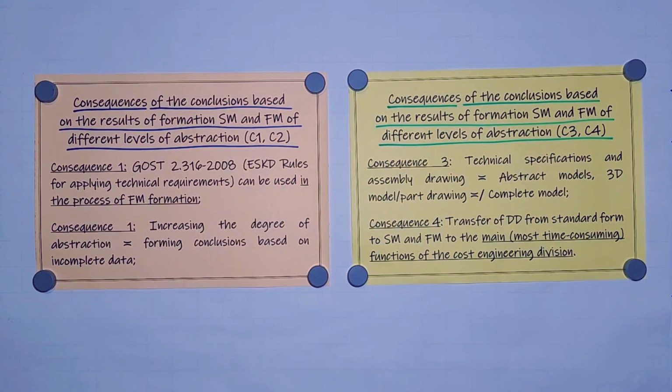Regulatory documents, GOST 2.316-2008, can also be used, since it contains recommendations on the formulation of individual properties that form the functions displayed in the functional model of the object of analysis.